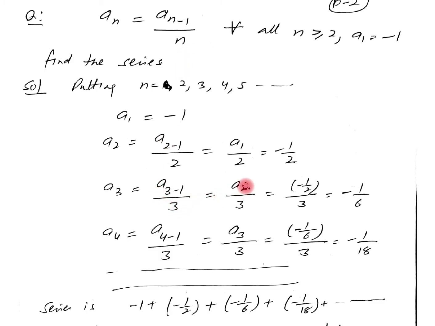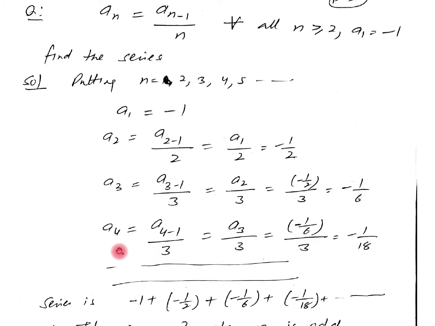Now putting the value of a2 from here, (minus 1 by 2) upon 3, it becomes minus 1 upon 6. Similarly, we can find out a4, putting n equal to 4 in this expression, it becomes a3 by 4. Again putting the value of a3, minus 1 upon 6, a4 becomes minus 1 by 24.